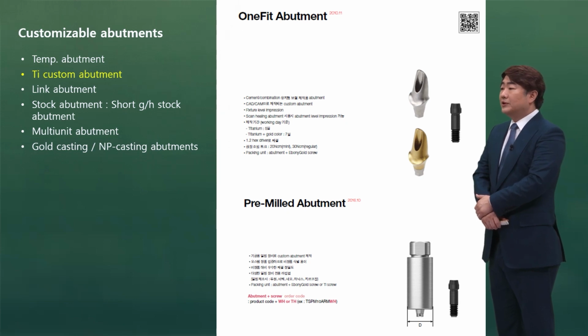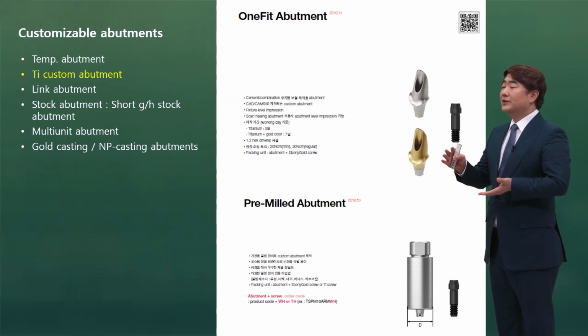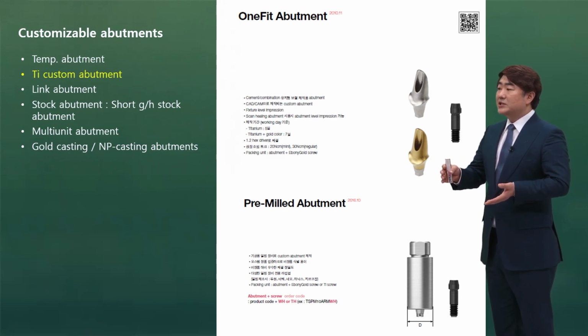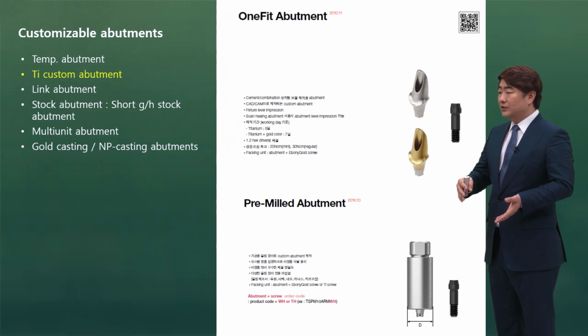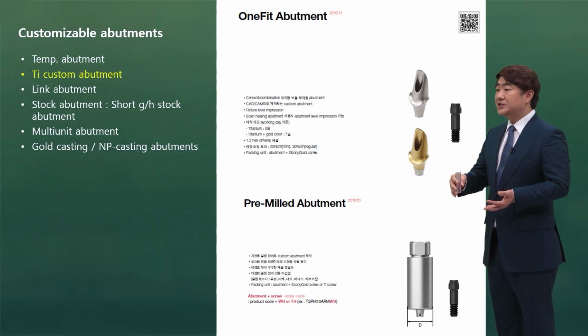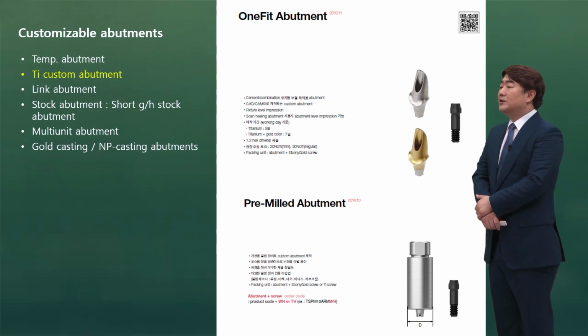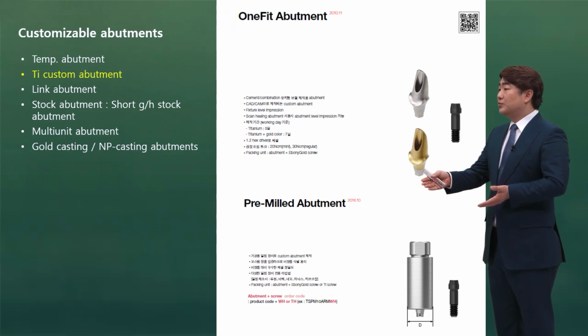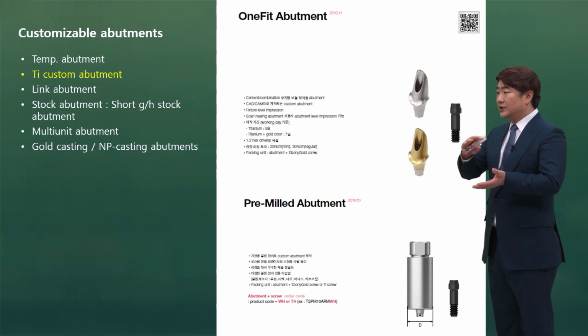Now, titanium abutment, as you see, this type of one-fit abutment exists, and with titanium nitride or zinc coating, you give it a gold color. And a type like this is produced by processing at the lab using a milling machine. So for aesthetics, it's given a gold color, and the customizable area is of the 3 areas I talked about. It's all customizable.